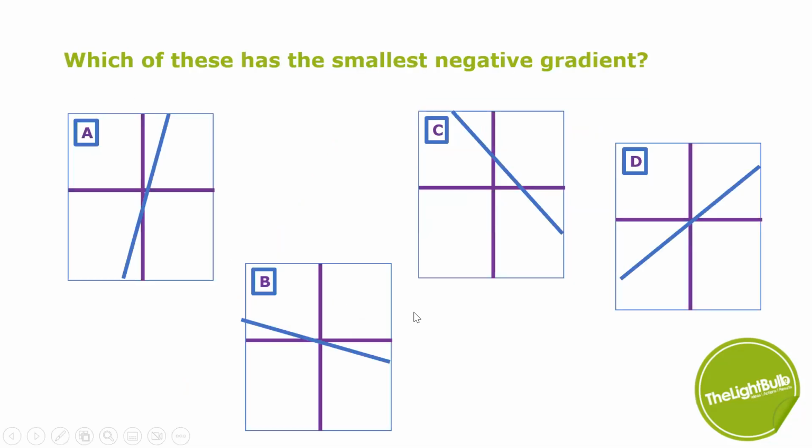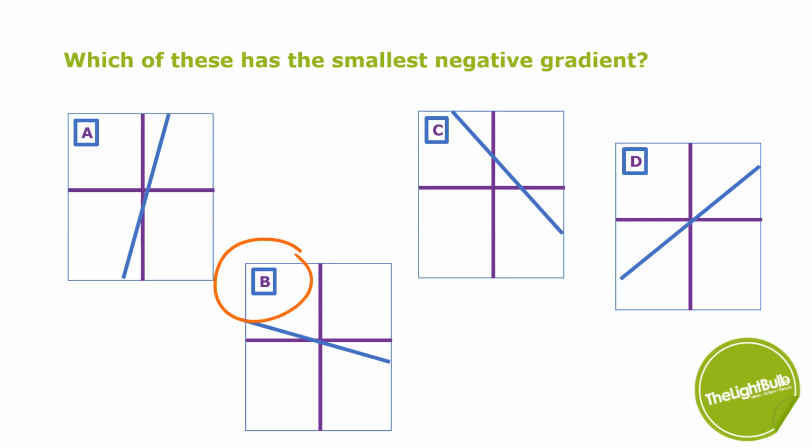Okay, we've got 4 images here on screen, A, B, C, and D. The question is, which of these has the smallest negative gradient? I'll give you a few seconds just to process these and settle on your answer. Okay, have you got an answer yet? Well, if you said B, then you'd be right.